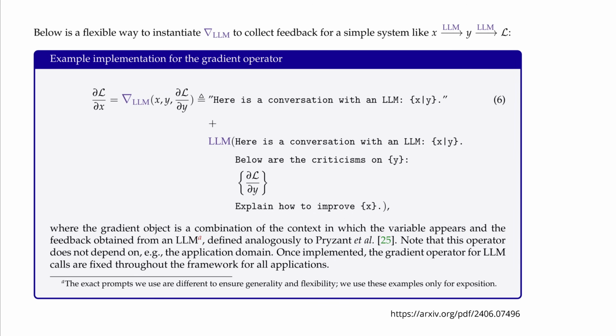Now, as I showed you with the pseudocode, you might like to have here, on the left side, the mathematical notation from the numerical AutoGrad operation. This is this one here. And on the right side, you have now the verbal implementation for the gradient operator. So you're familiar with AutoGrad, and what we say in this new methodology is, hey, here's a conversation with an LLM, some sentences, some dialogues, plus you say, here's the conversation.